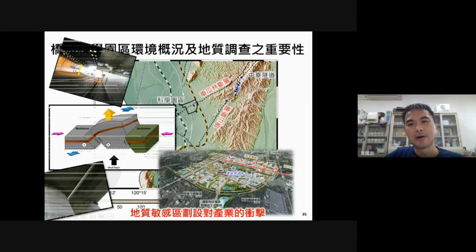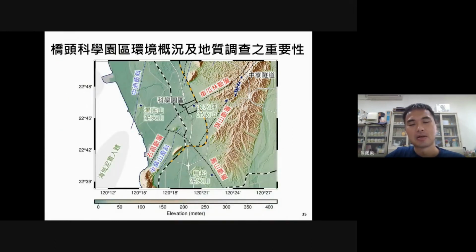Oh, by the way, not only the fault but also a mud volcano. There is one mud volcano located in this science park. If you come from Indonesia, then maybe you know a very famous mud volcano, but I don't remember the name in Bahasa Indonesia.